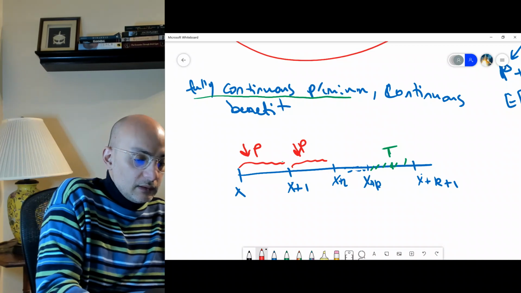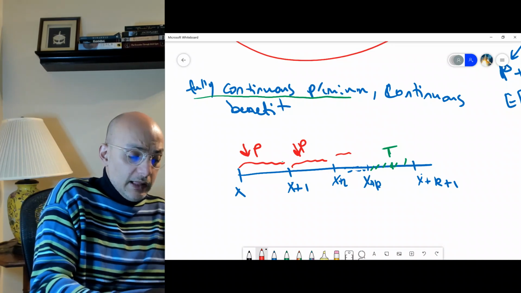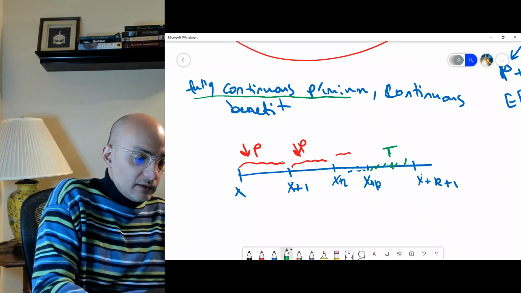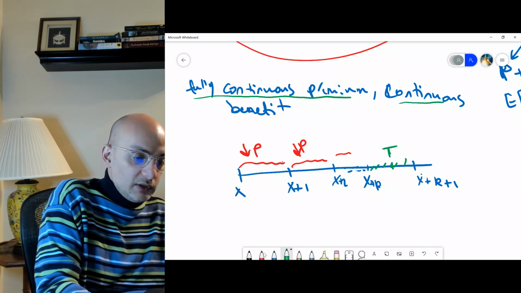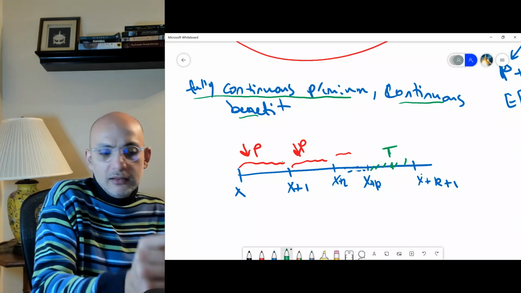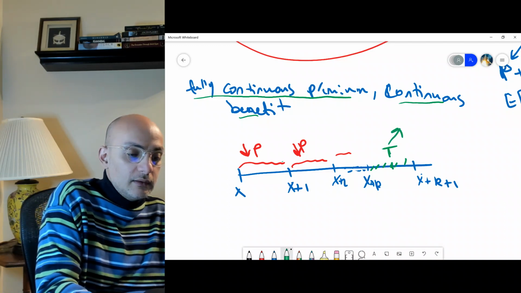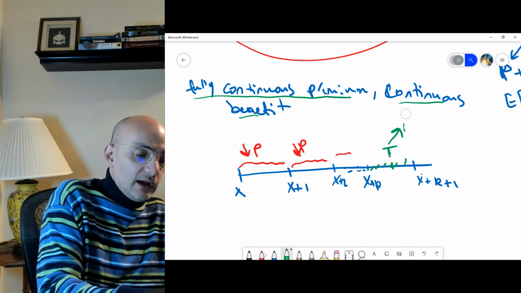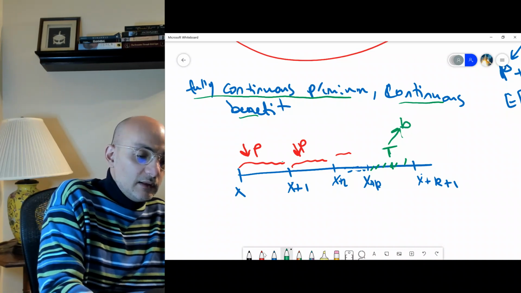And the benefit, because it's continuous benefit, we need to read carefully also. It means that the benefit amount is paid at time of death, right?